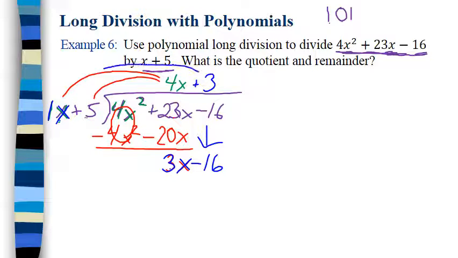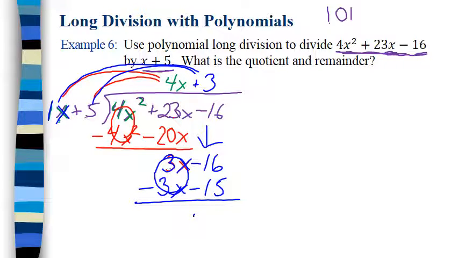And then we multiply. 3 times 1x is 3x. 3 times 5 is 15. And then we subtract. This is 0, and this is negative 31. This is our remainder.